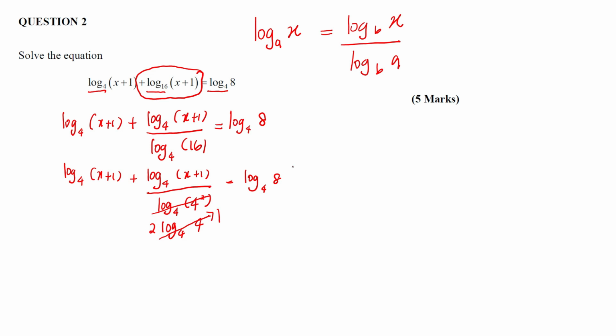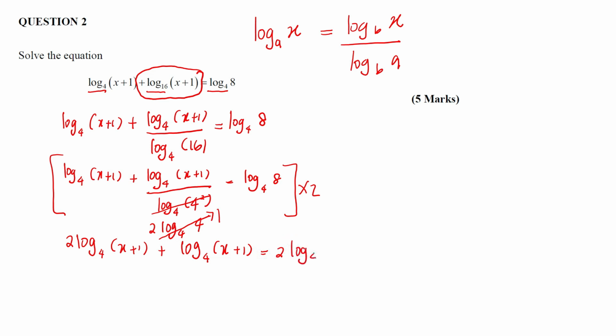So we can multiply the whole equation with 2 to eliminate the denominator. So what do we have? 2 log 4 (x plus 1) plus 1 log 4 (x plus 1) equal to 2 log 4 8.